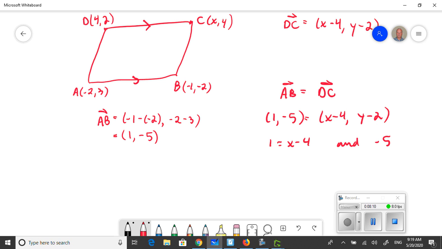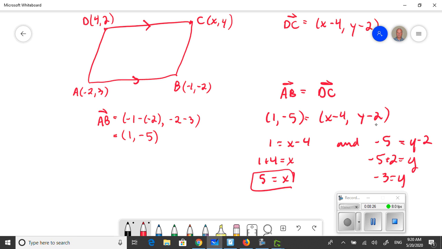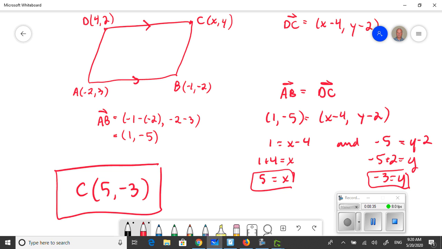Similarly, I'm going to do negative 5 equals Y minus 2, and I just solve for X, and then solve for Y. Okay, and it looks like that's my point here. So my point C is the point 5, negative 3. Okay, that's easy to do. Just equate vectors and directions, and introduce components here.